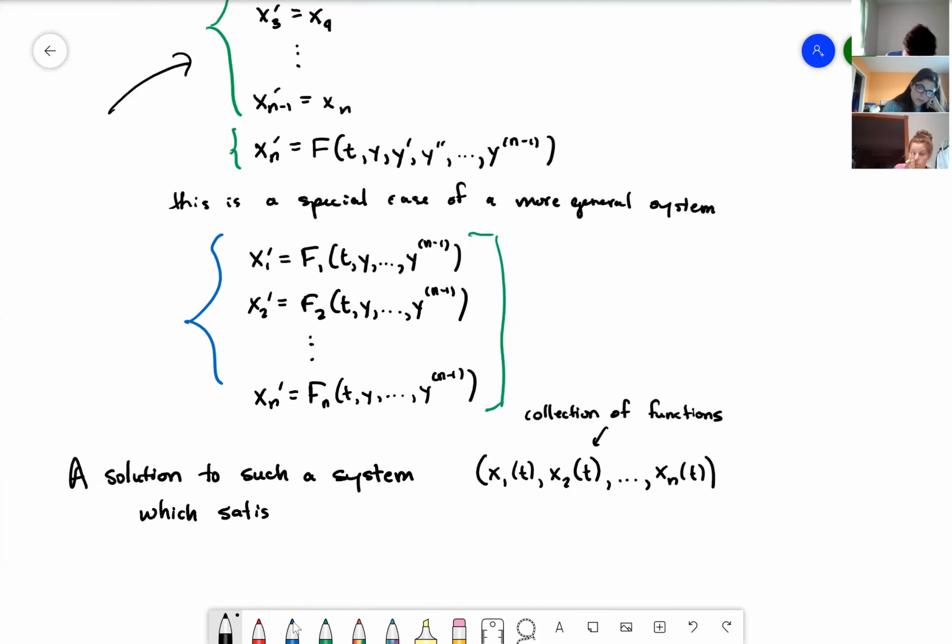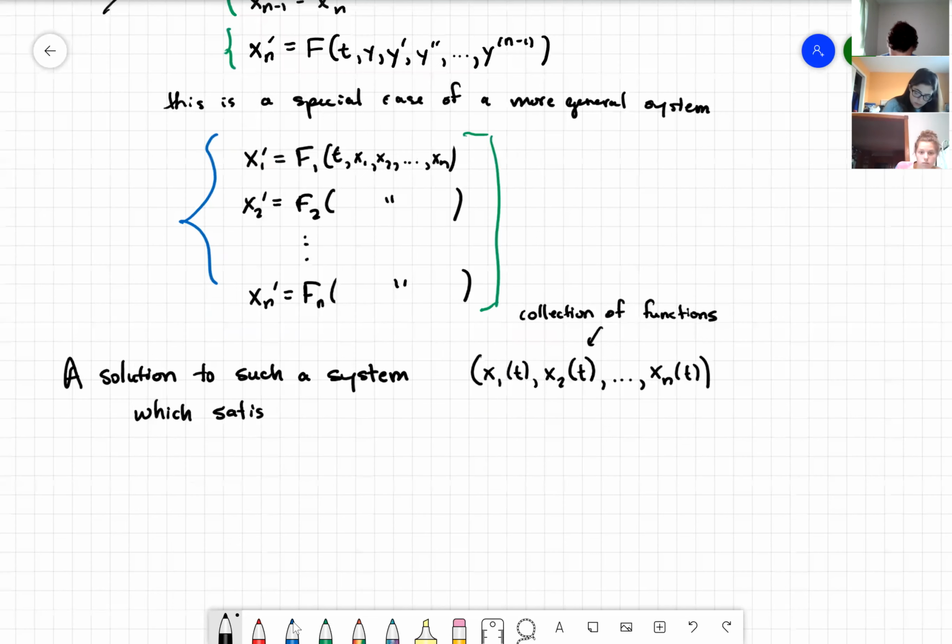Oh, I made a slight mistake here when I wrote this out. I mean to replace all of these y's, all these derivatives of y. These are the x's, right? These are the xi's. So this should be t, x1, x2, up to xn, and the same thing for the rest of them.